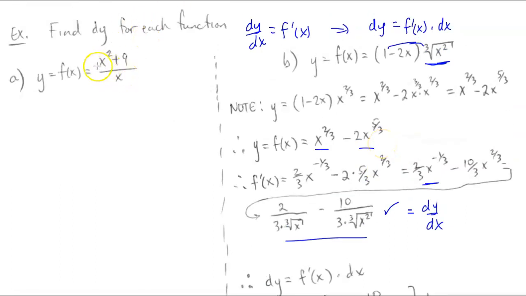So if we do the same thing here, notice that I could rewrite this function as just x plus 9x raised to the negative 1. So if I was to take the derivative of it, this would just be 1 plus, take the derivative here, this would be a minus 9x raised to the negative 2.